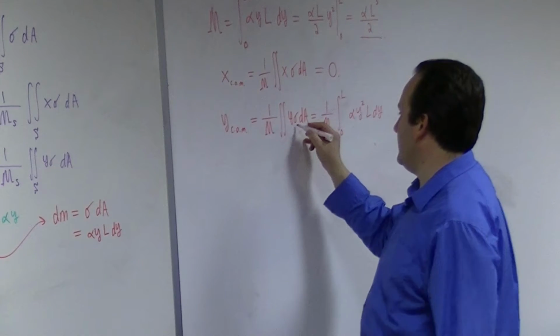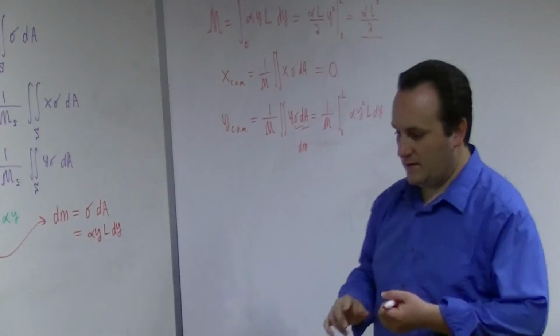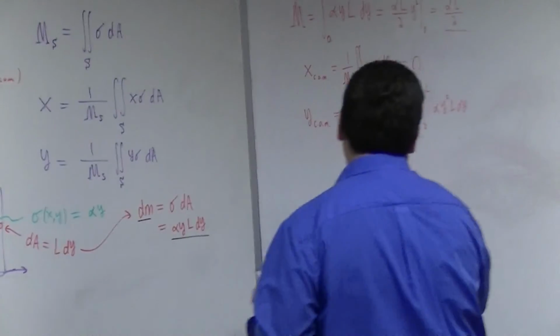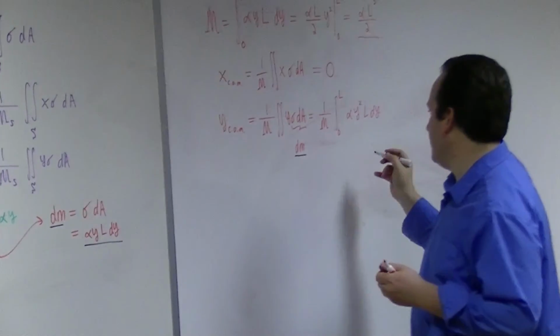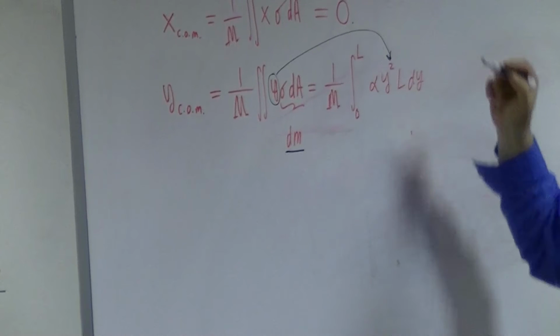See, this sigma dA was my so-called dm, right? So dm I worked out over here. dm is alpha y dy. So here's the dm, and then this extra y gives me that y squared.